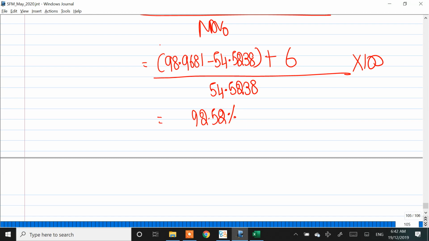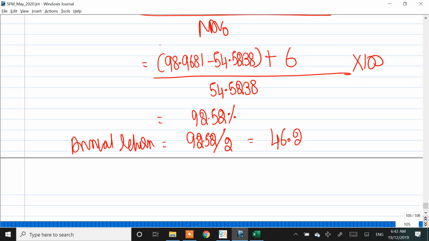Then annual return equal to 92.52 divided by 2, which is 46.26%. That's the return the MF is able to generate. 46.26%. Any doubts on this?